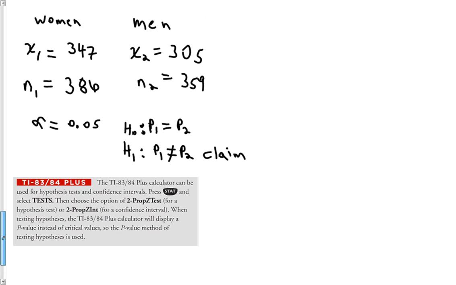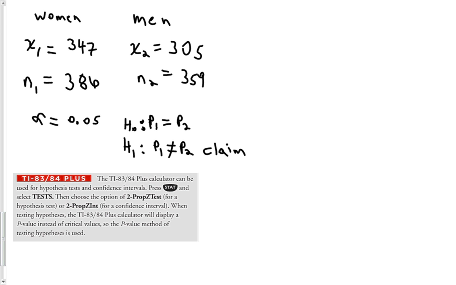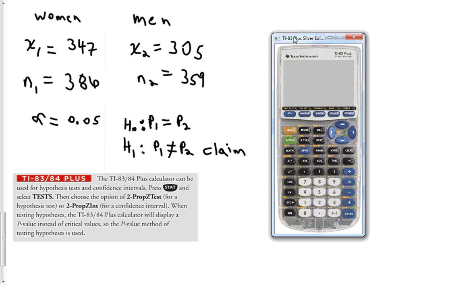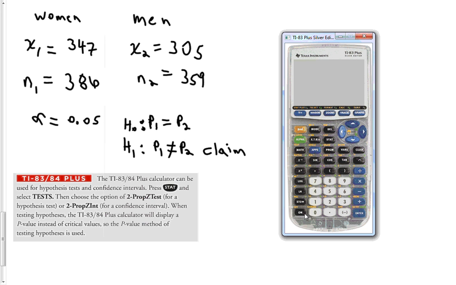So we're going to get out our TI-83, and we're going to follow these directions to do the hypothesis test for the proportions.